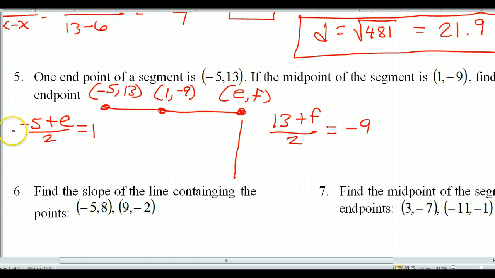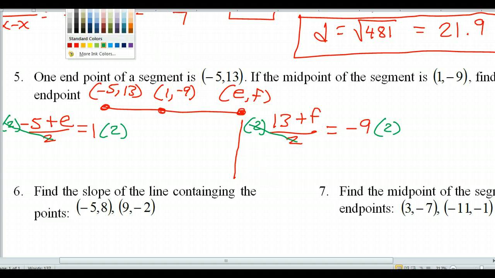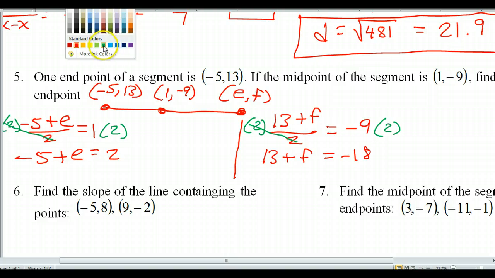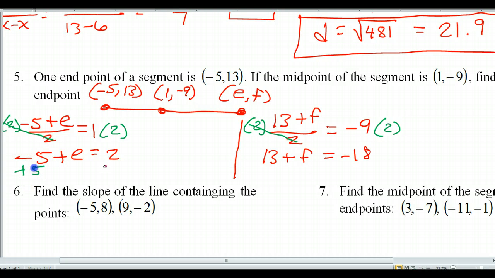So here I'm going to multiply by 2 on both sides. That way these 2's are going to cancel out. So that's going to leave me with negative 5 plus E is equal to 2, and 13 plus F is equal to negative 18. Then I need to add 5 to both sides right here, plus 5 plus 5.